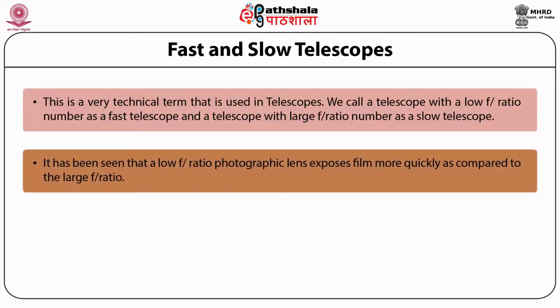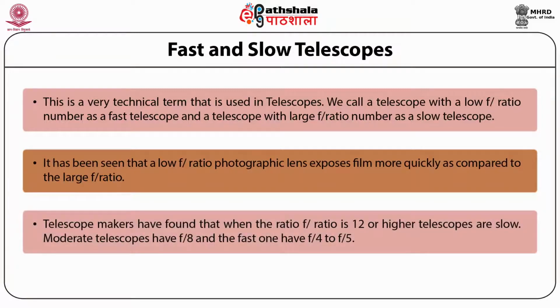It has been seen that a low f-ratio photographic lens exposes film more quickly as compared to a large f-ratio. Telescope makers have found that when the f-ratio is about 12 or higher, telescopes are slower. Moderate telescopes have f/8 and the fast telescopes have been found with approximate values between f/4 to f/5.